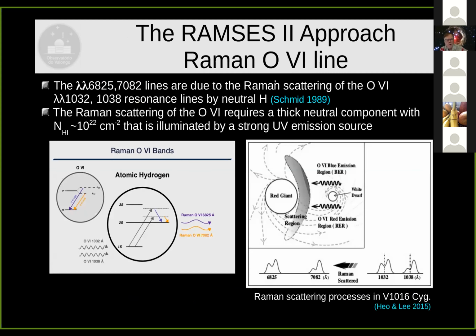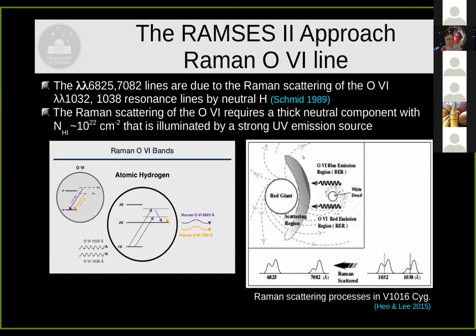The Raman O VI line is a scattering of the UV O VI lines, and this scattering occurs because of the presence of a significant column density of neutral hydrogen.